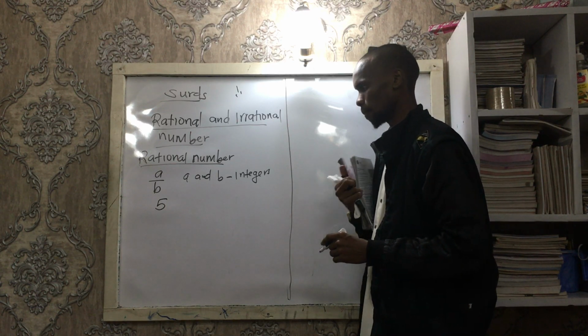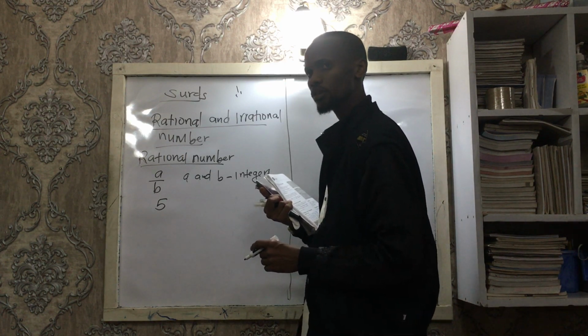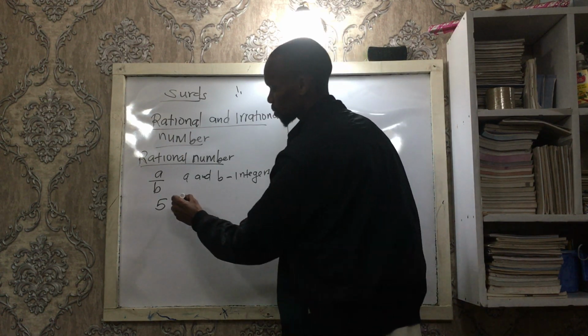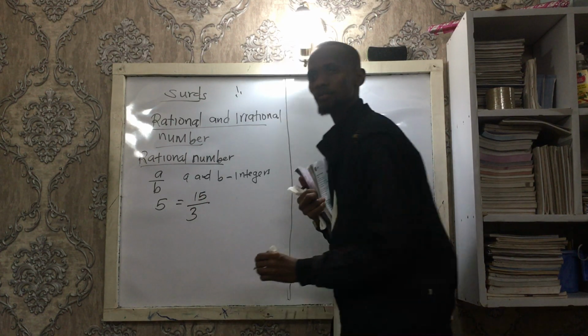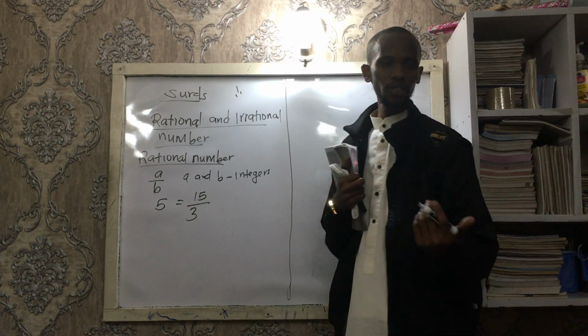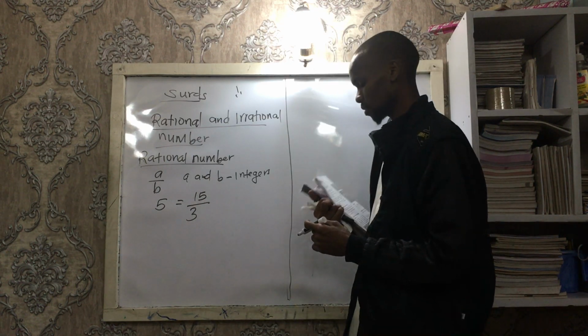Now, this number I can also represent in the form of a fraction, for example by saying 15 over 3. 15 over 3 is the same as 5, right? 3 times 5 is 15.